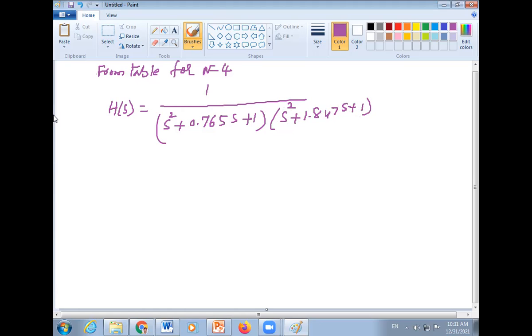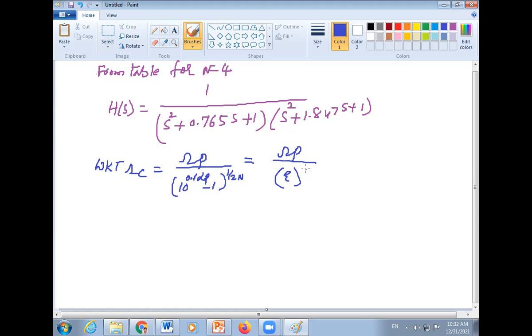Now here again, we can calculate omega c. We have the formula omega c is equal to omega p divided by 10 to the power 0.1 alpha p minus 1, whole to the power 1 by 2n, or this is equal to omega p divided by epsilon whole to the power 1 by n.